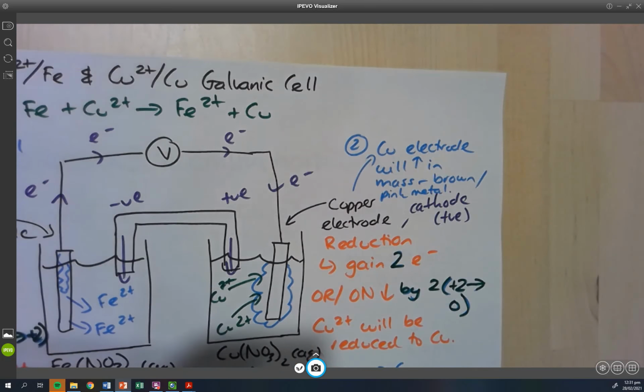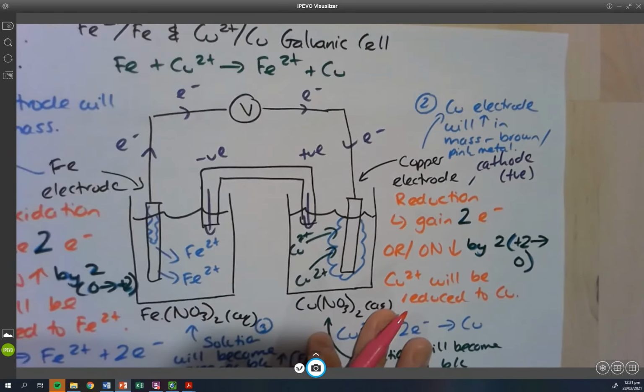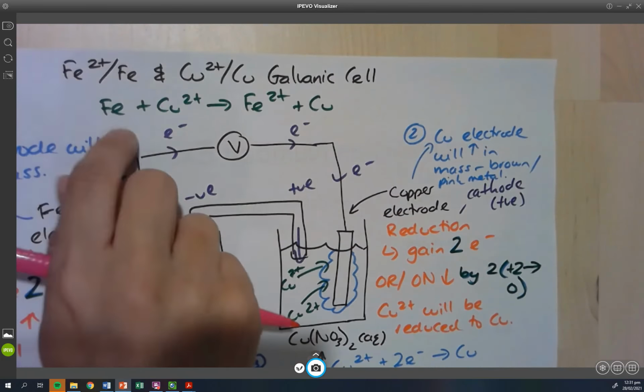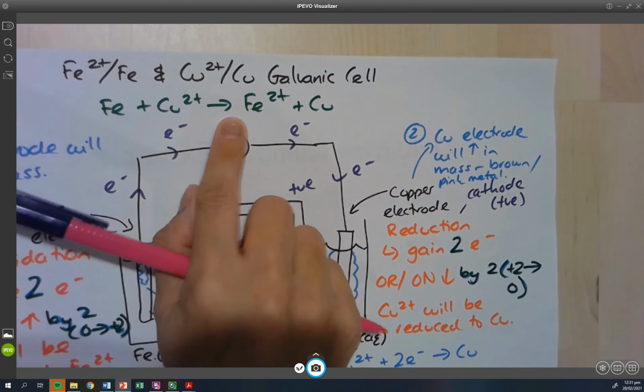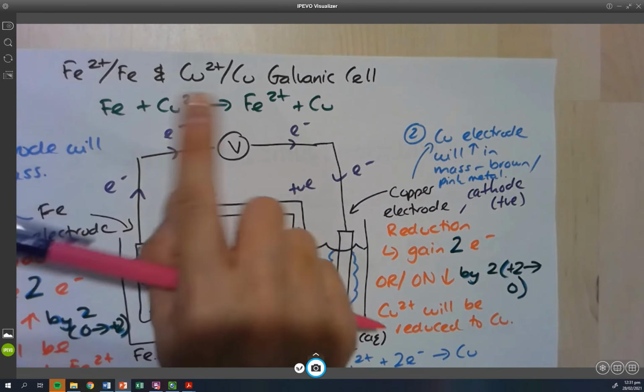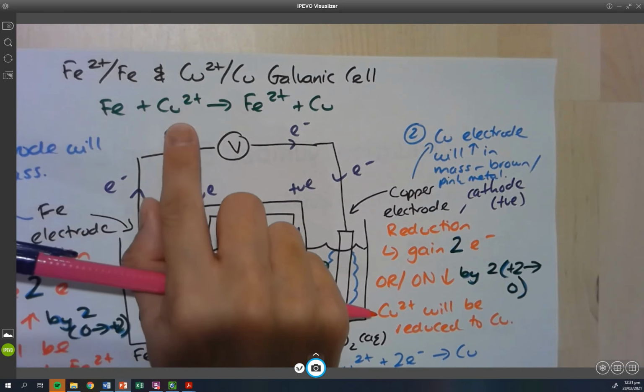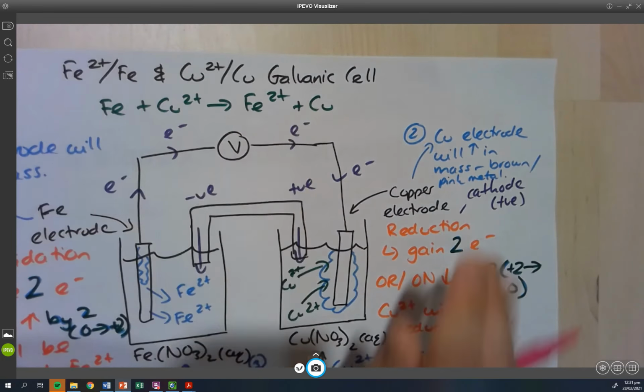The way I like to think about it is, where are the electrons going? What's changing? So in this example that we did yesterday, we had the iron becoming iron 2, and that's the oxidation reaction. So that's what I'm going to write down first. And then with the reduction reaction, we started with the copper 2 and we're forming copper, the metal.